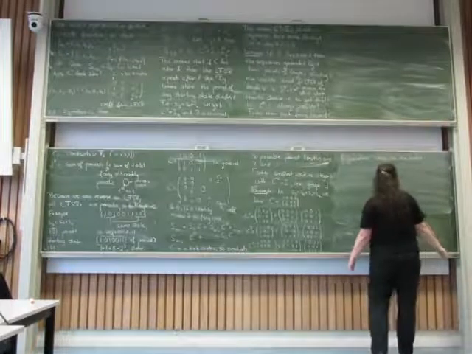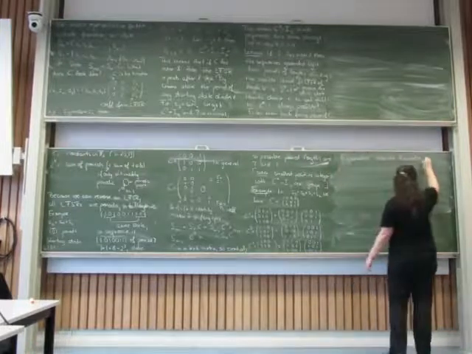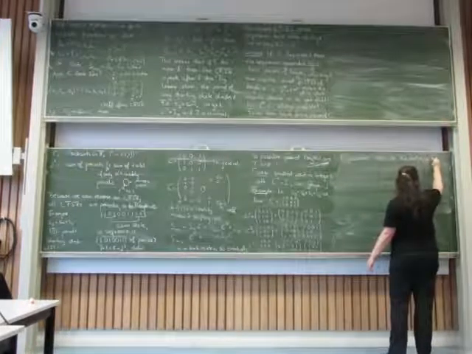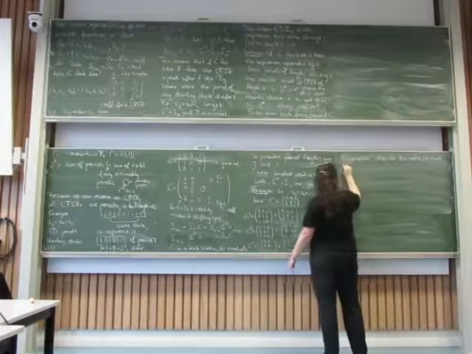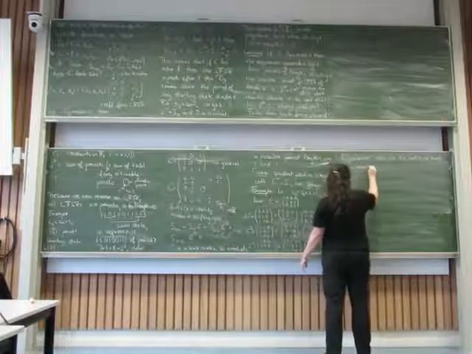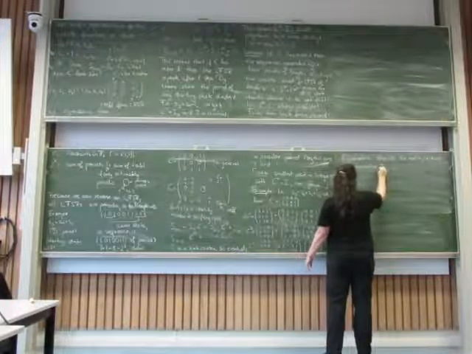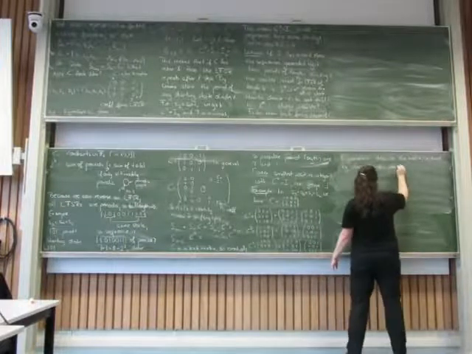When you learn about eigenvalues, then you must have learned about the characteristic polynomial. So these guys are captured by the characteristic polynomial of the matrix.